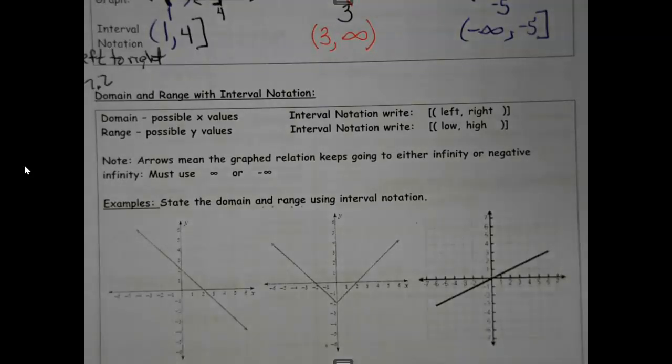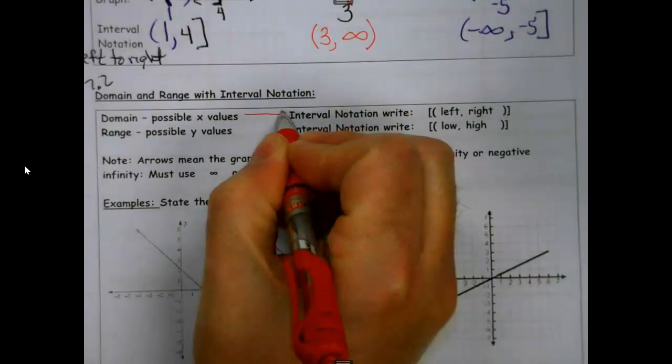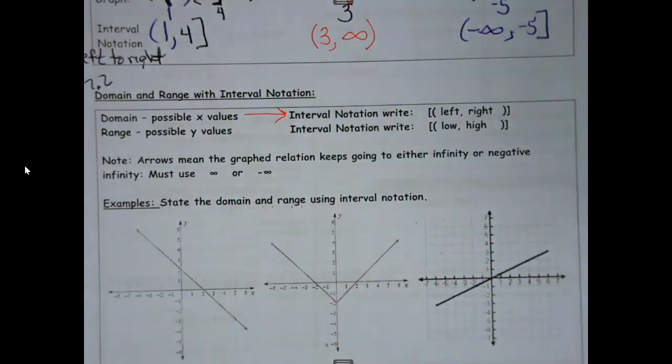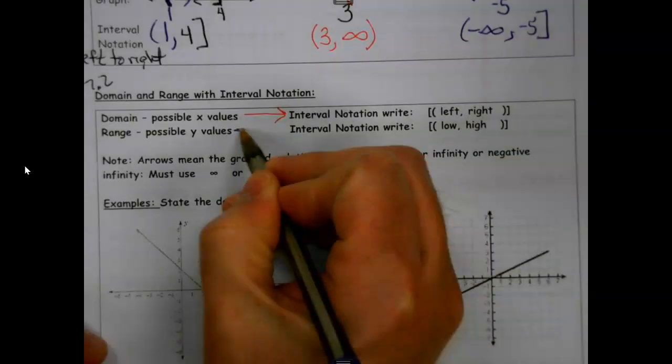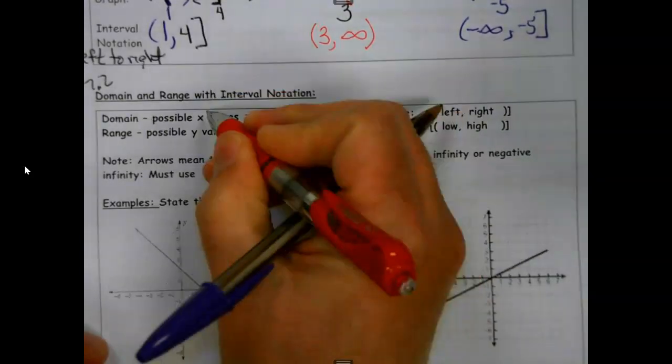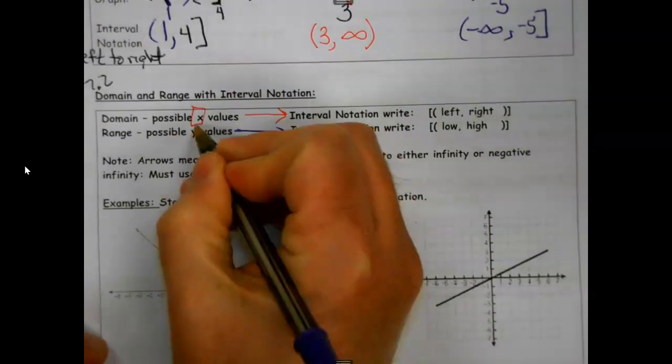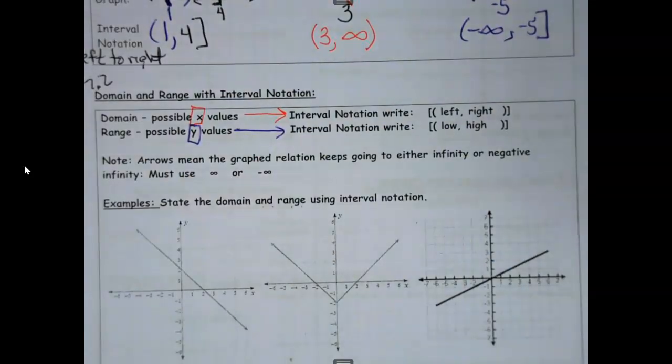And when you do the interval notation of your domain, we work from left to right, least to greatest. And when we do our range, our y values, and again, that's the biggest thing with these, I just got to keep track of what variable it is. Your interval notation, you go from low to high, or bottom to top.